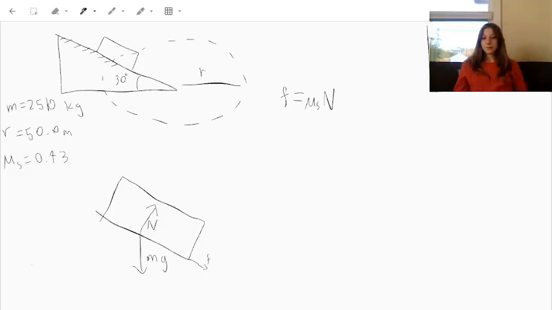So we're going to put our reference axes to say what's going in what direction. We're going to do it how you typically see it, where the positive y direction is upward vertical, and the positive x direction is towards the right.